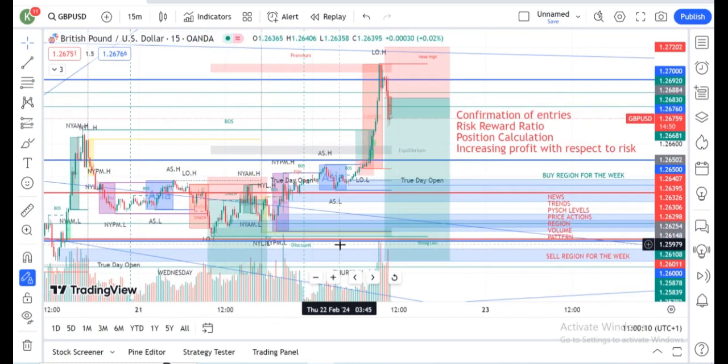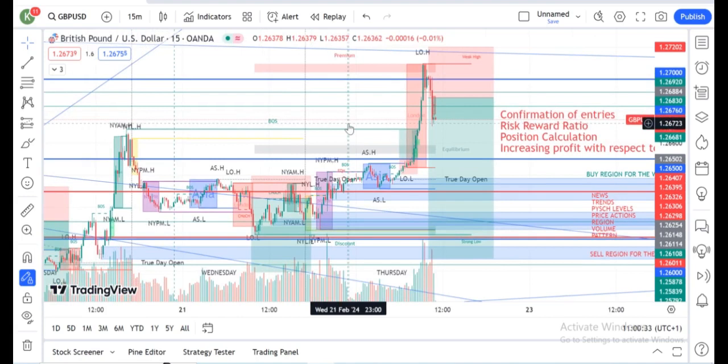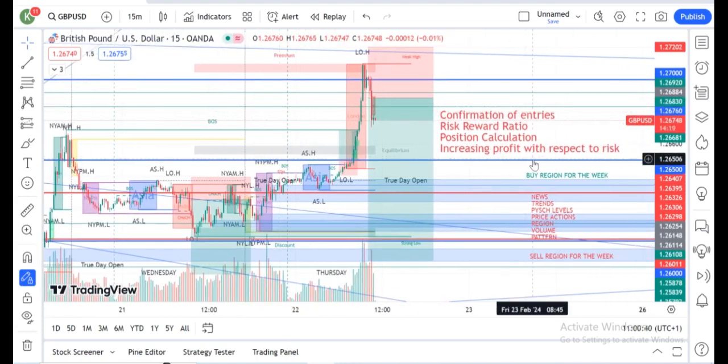Now if your confirmation is wrong, because there are times when the trader is not sure of an entry, but because he wants to force trade and he wants to trade, maybe he's under pressure or lacks patience, in that case his confirmation is not accurate, and for that particular situation his risk reward ratio will be bad, his position calculation will be altered, and he may not be able to increase his profit in the course of that trade.